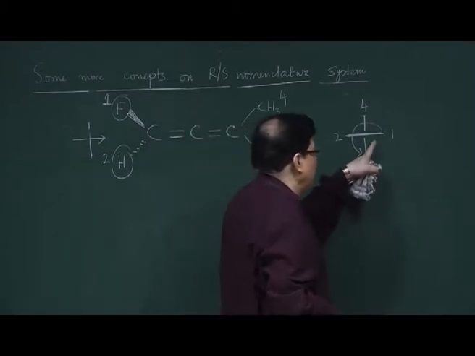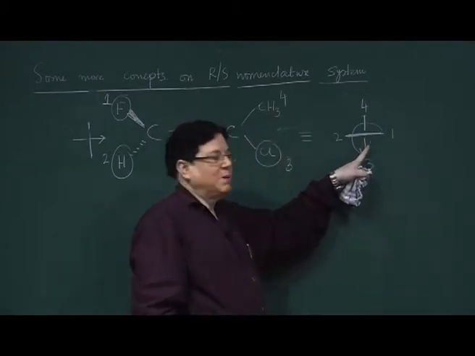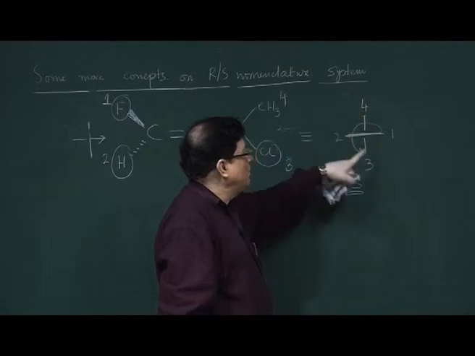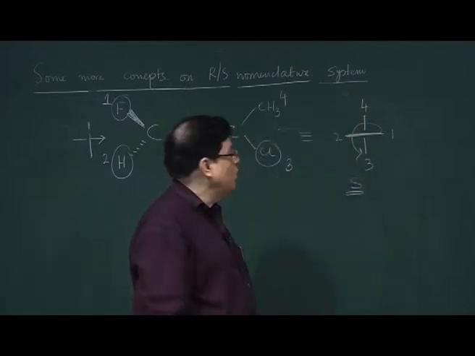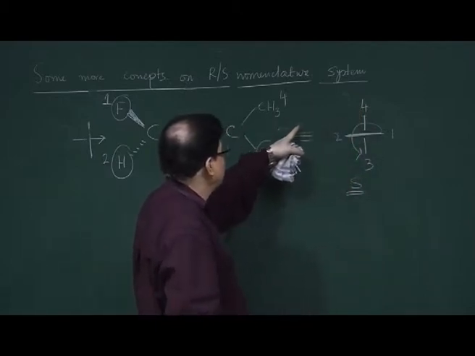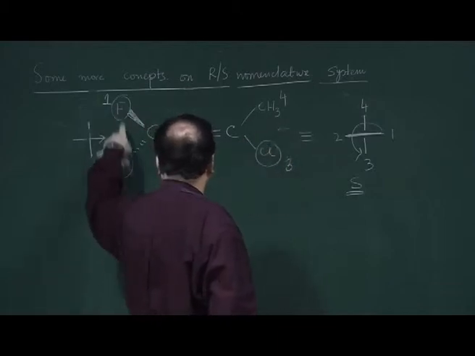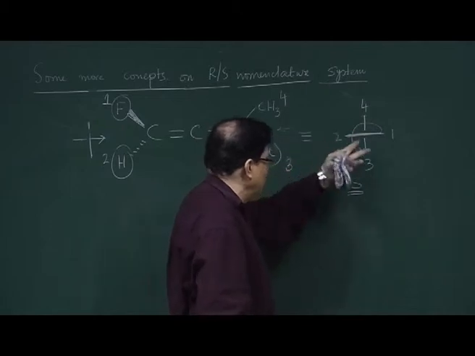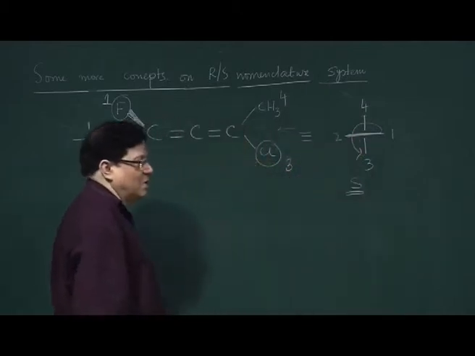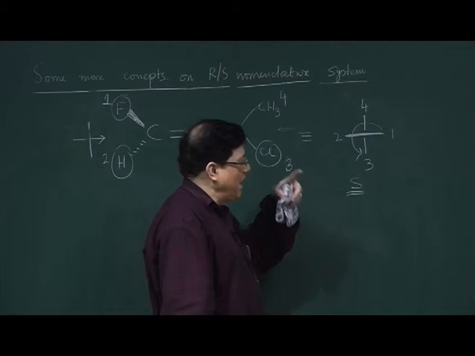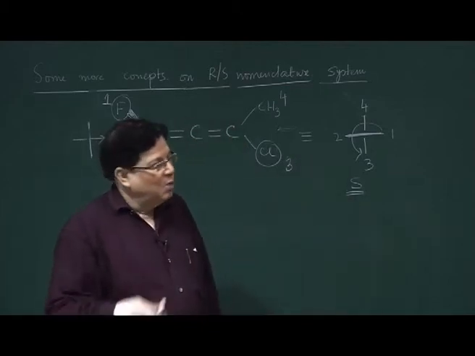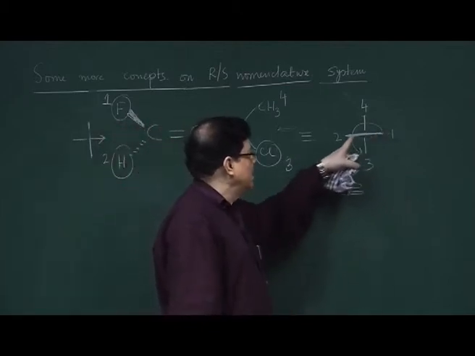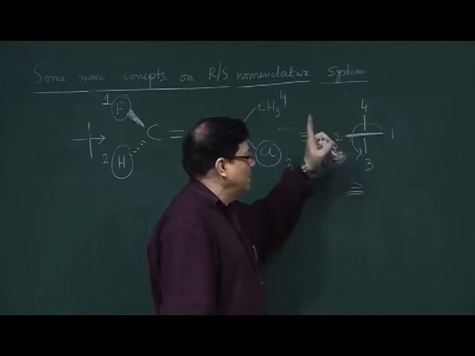And also remember that this is not a Fischer projection formula. The fourth group here is always away from you, because the moment you start seeing from here, the fourth group will be on this side, and that line will always be behind the front line. So, the fourth group will occupy the back line. So, it is always behind you, it does not matter whether it is in the horizontal or in the vertical axis.